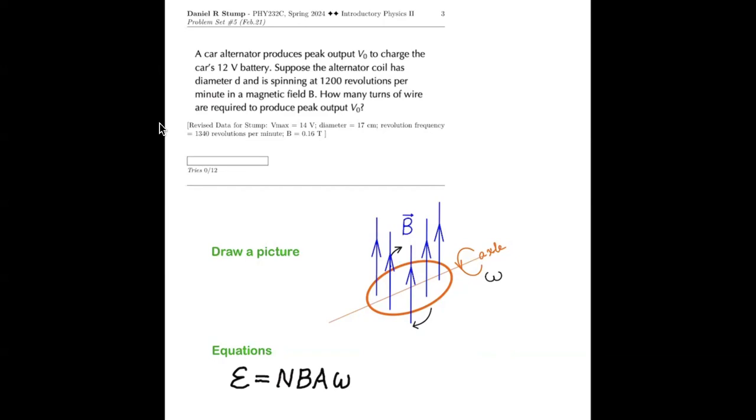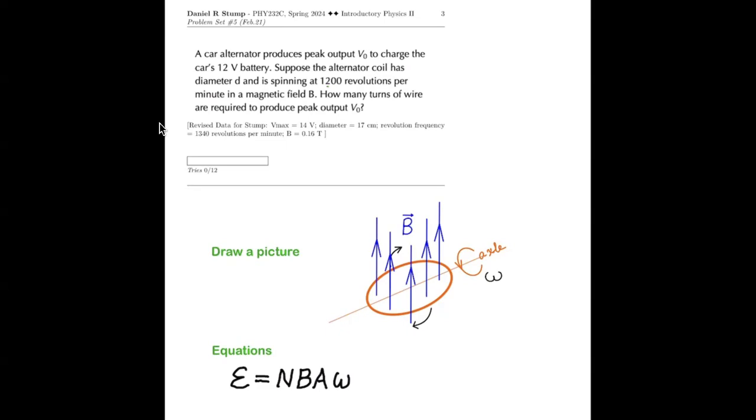Now it suggests that the alternator coil has diameter D, spins at 1,000 revolutions per minute in a magnetic field B. So this is a typical example of an electric generator. How many turns of wire are required to produce a peak voltage of V0?